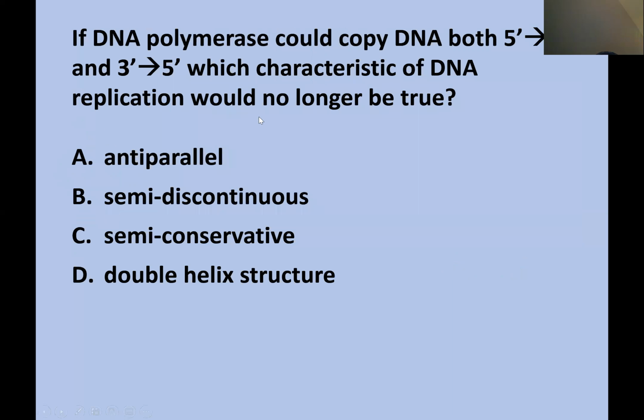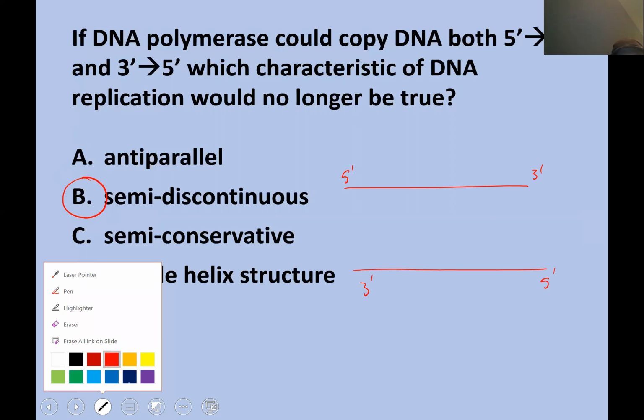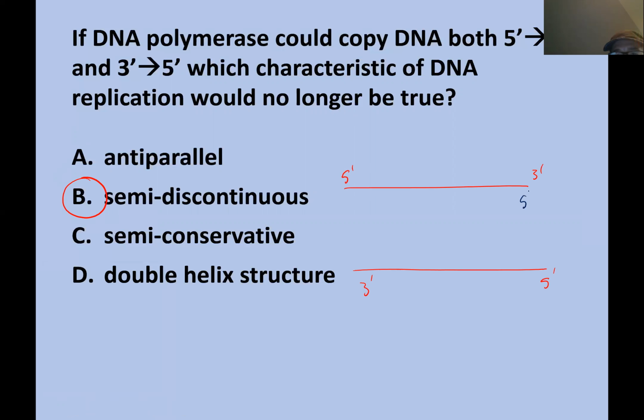Okay. If DNA polymerase could copy DNA both 5 prime to 3 prime and 3 prime to 5 prime, which characteristic of DNA replication would no longer be true? The answer to that is the semi-discontinuous. So if this is our original strand, and DNA can copy both 5 prime to 3 prime and 3 prime to 5 prime, we could just have continuous replication, right?